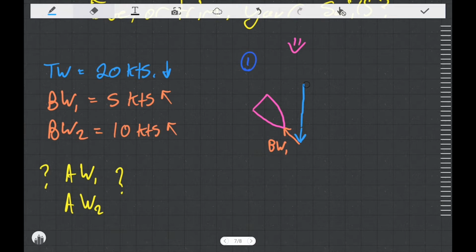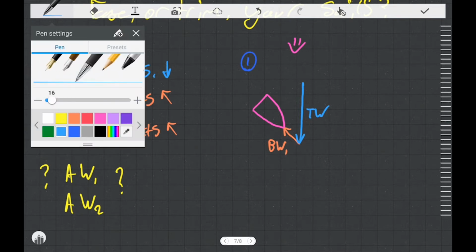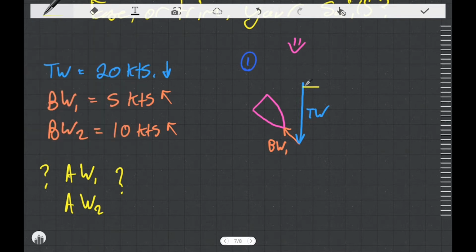I'm going to draw that again as an unbroken line. 1, 2, 3, 4. That's the true wind. And so what we're going to see for ourselves is that apparent wind 1 is the connection between the tail of the true wind and the tip of the boat wind. That's TW1.